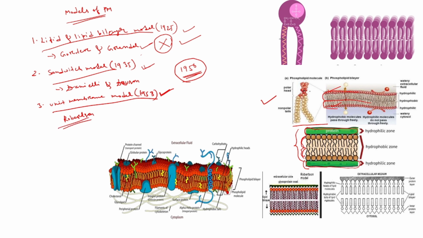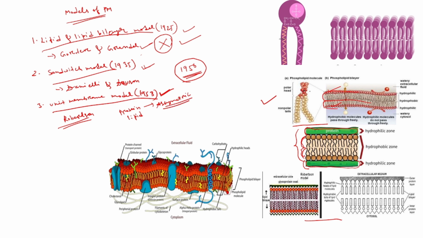Okay. So what is the unit membrane model? According to this model, the membrane contains protein and lipid, and the protein is asymmetric.